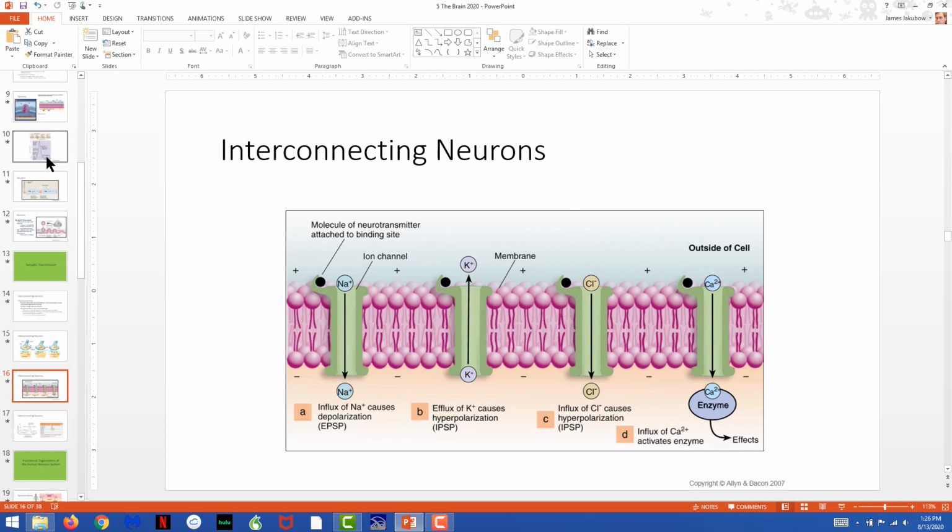It's essentially doing the same job as having potassium leave, except they operate through different neurotransmitters. They exist in different areas of the brain. And as you might imagine, if you basically have the same process of hyperpolarization through two separate biochemical pathways, then there must be some other component that is relevant in this story.